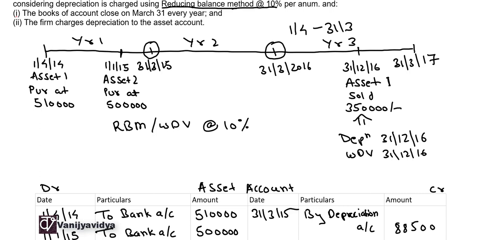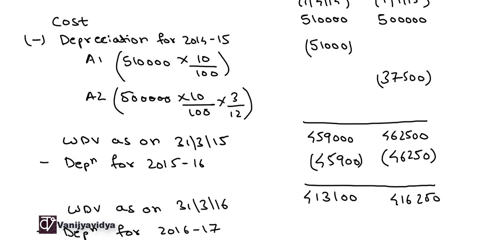So let's see the amount of depreciation for the year 15-16 in the working note. So depreciation for 15-16 is 45,900 plus 46,250. So that comes to 92,150. So let's record this in the books of accounts.